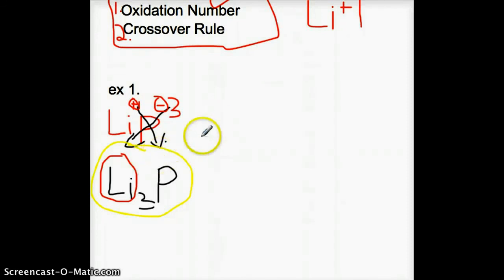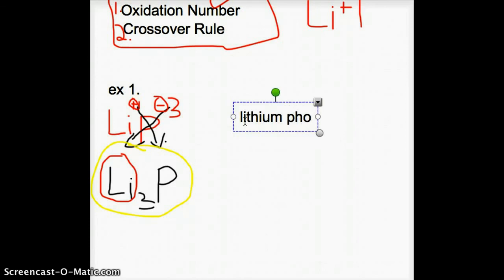We just take the name of our metal, in this case lithium, and always keep the elements in lowercase. Nothing's capitalized. So we take lithium, which is our metal, and follow it with the name of our non-metal element, which in this case is phosphorus.